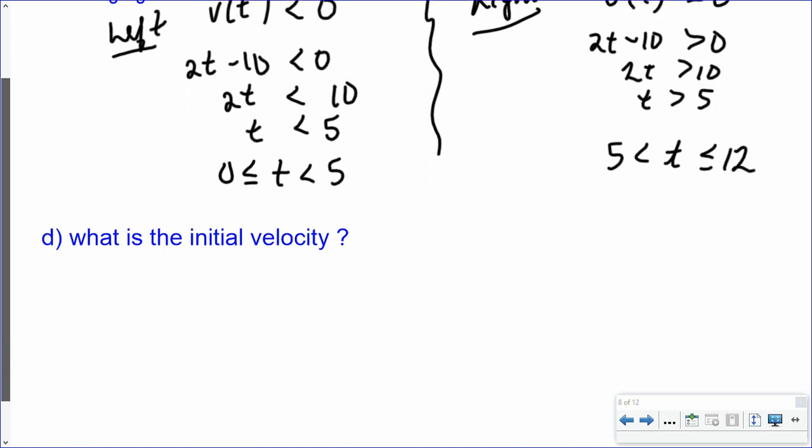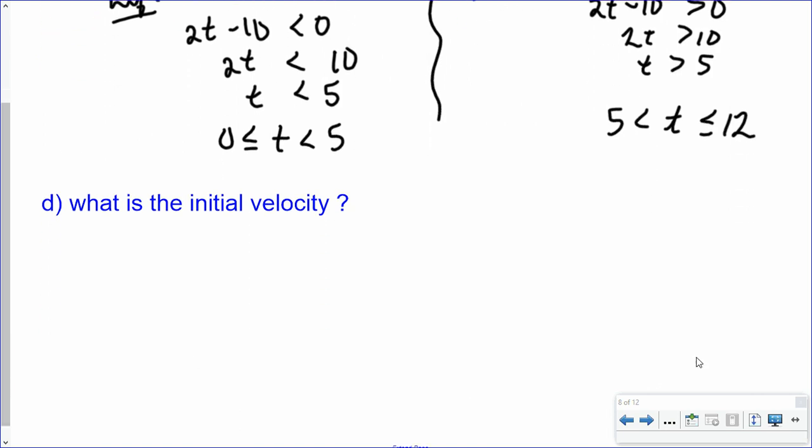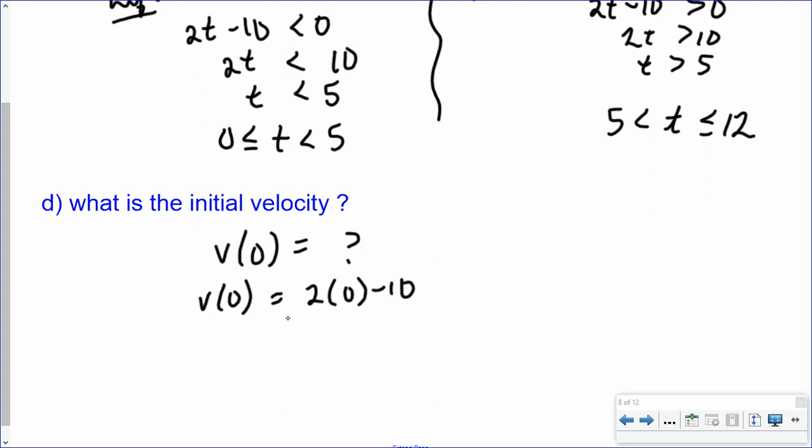D, how about D? What is the initial velocity? So the initial velocity is the velocity at t equals 0 initially. Again, this word initial always assumes that t equals 0 here. So I substitute the value of t equals 0 into my function.